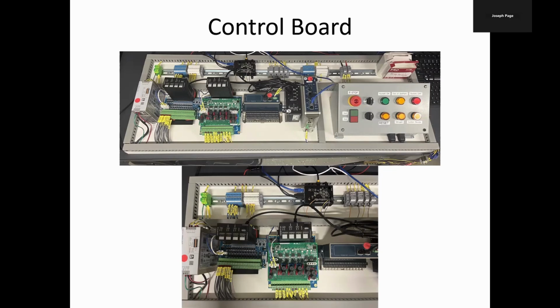I had to 3D print and design a mounting bracket to mount this network switch to the DIN rail. Same with the Raspberry Pi. Everything on this board except for the solenoids, which aren't on the board technically, are powered from this power supply, which you connect to the wall.